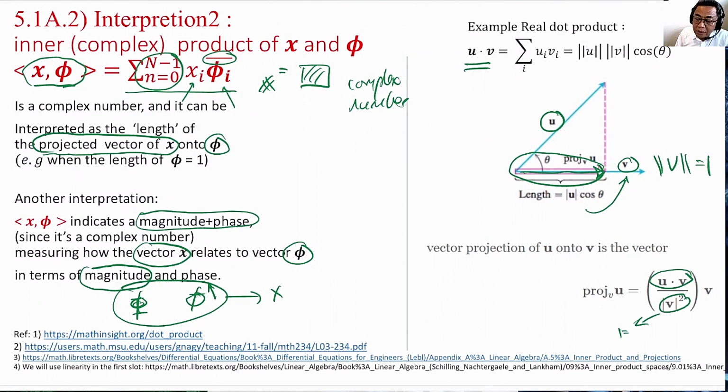So you can now think of an inner product as how one vector is related to another vector in the vector's direction. This is a very interesting and important interpretation from the linear algebra perspective, or vector space perspective. In terms of Z transform, we think of projecting our signal of interest, which is x, onto different sequences of phi.